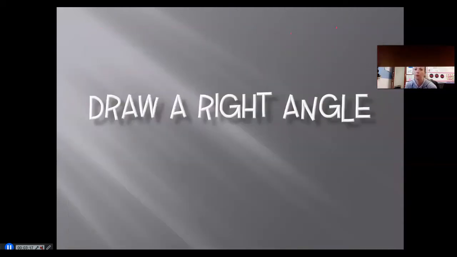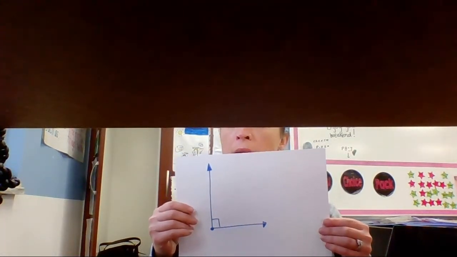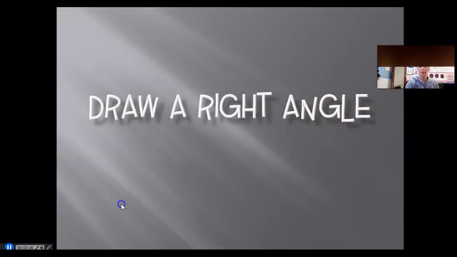All right, kiddos, could you please draw me a right angle? Well, right angles are always going to be perfect L's. What should they look like? Well, if you drew this picture, you are correct. You should have an L with a box inside. All right, can you please do the next one?